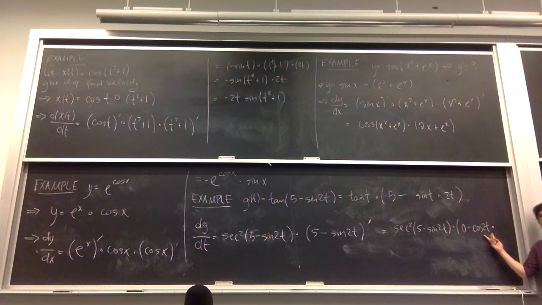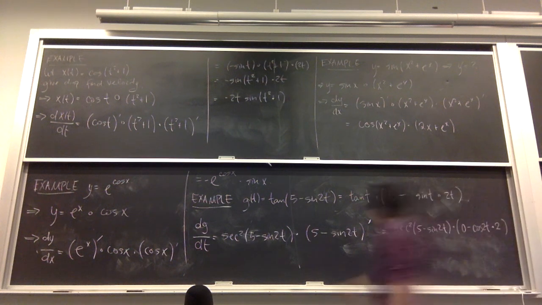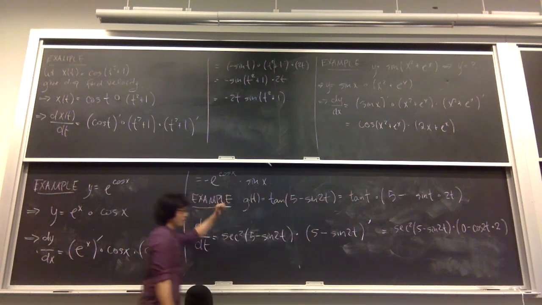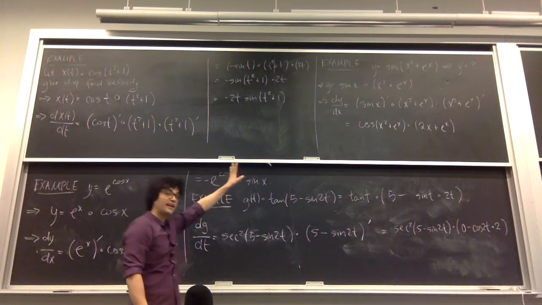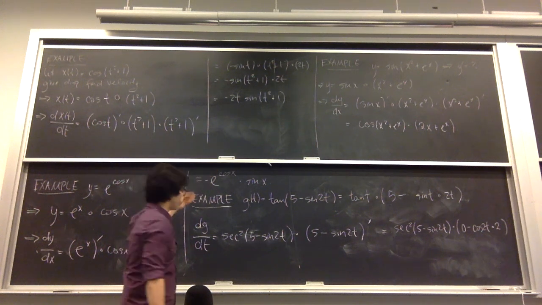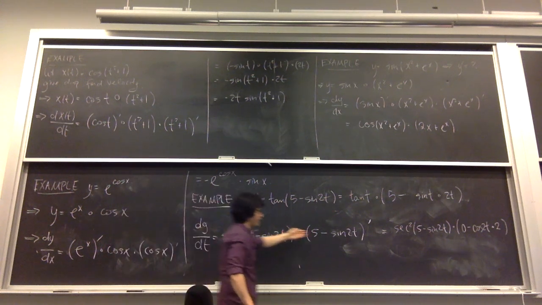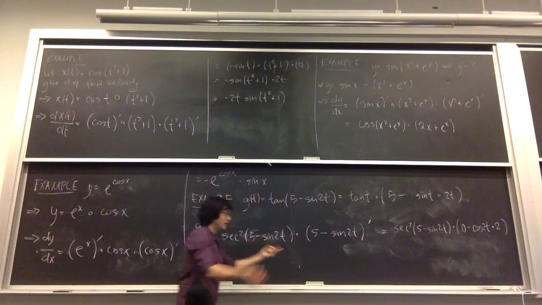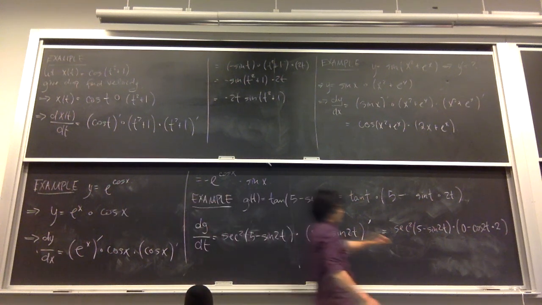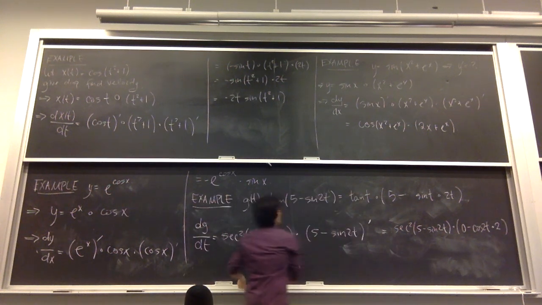So what's the derivative of the inside? 2t derived by t, 2. Okay? So this would have taken a whole blackboard worth of deduction if I just applied the actual definition. So you need to be able to do stuff like this. Just pop out the last thing. That should be fine left like that.